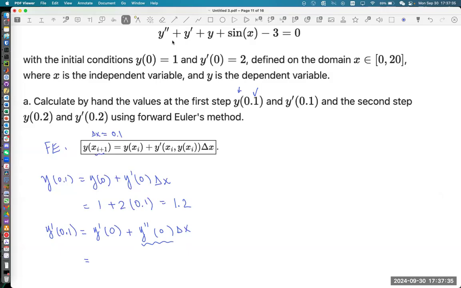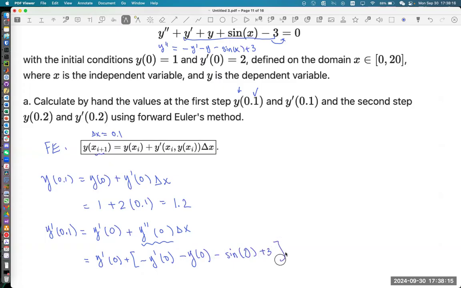What we can do is to evaluate this. If we put everything on the right-hand side, we will have the standard form for y double prime: minus y prime minus y minus sine of x plus 3. So this we know, so we can evaluate this at 0. So basically this is y prime of 0 plus the derivative, which is minus y prime of 0, minus y of 0, minus sine x which is 0, plus 3, times delta x.